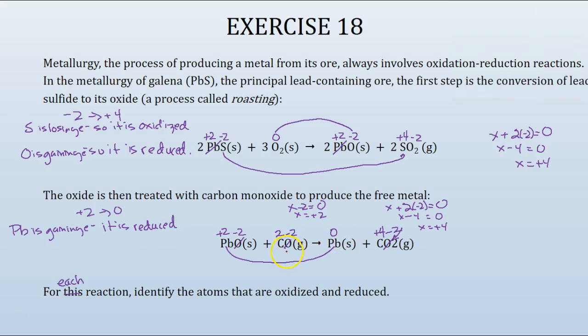Okay, so then we look at the C. The C is going from a +2 to a +4. It's getting more positive, so C is losing electrons. So it is oxidized.